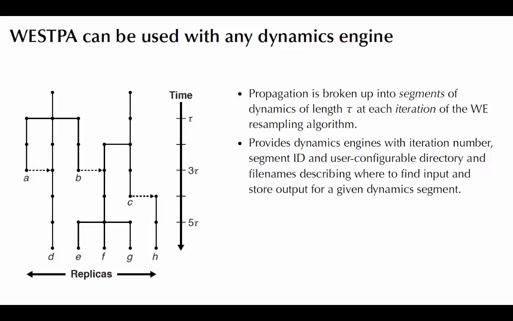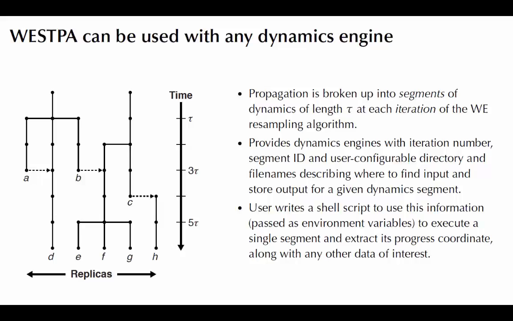Then we pass user-configurable paths or file names, as you prefer, to the dynamics engine that say where a given dynamics segment is starting. So this segment here, is it starting from the end of this trajectory or the end of this trajectory? We pass that information along to the dynamics engine. So between iteration number, segment ID, and these user-configurable paths, we can tell the engine where to get our initial starting point for a simulation, and where to put the output.